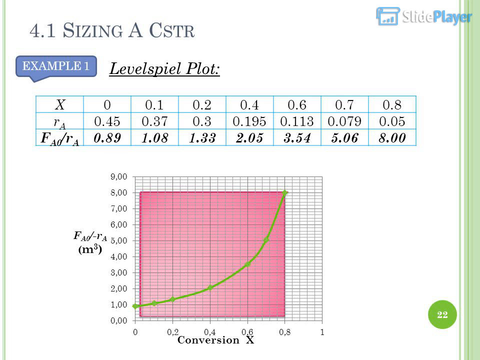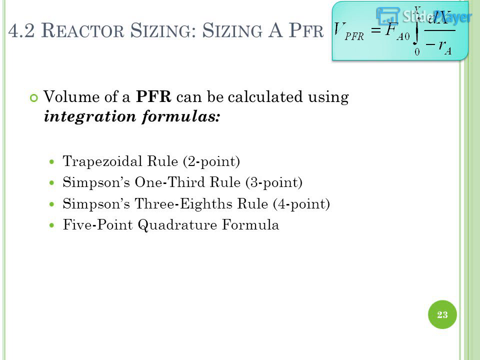F_A0 over minus r_A: 0.89, 1.08, 1.33, 2.05, 3.54, 5.06, 8.00.